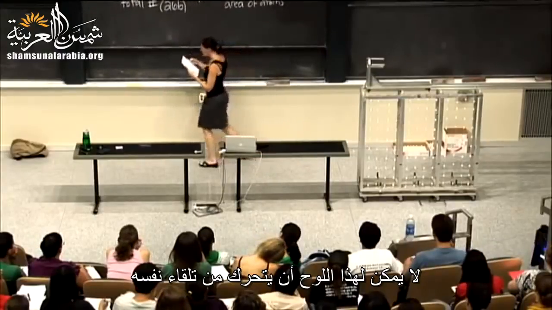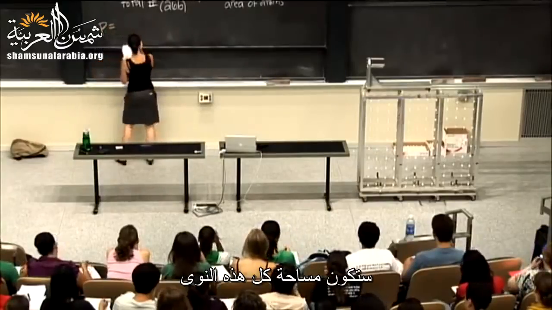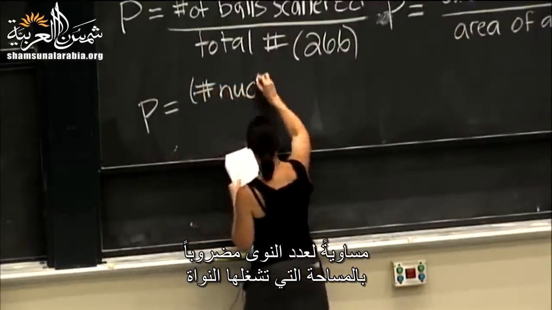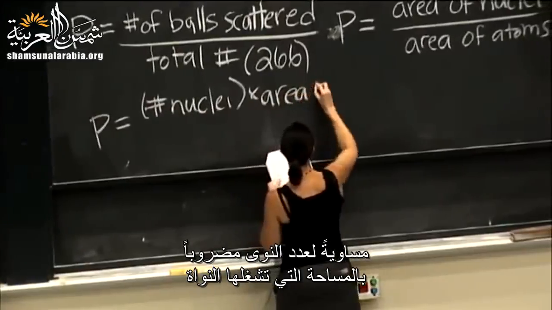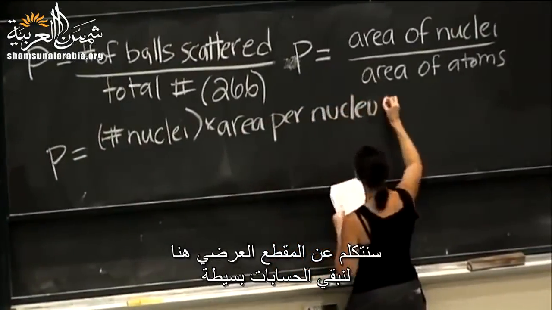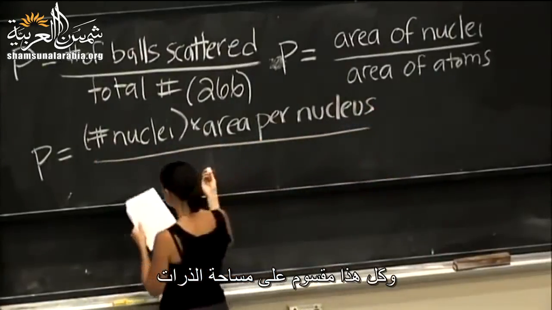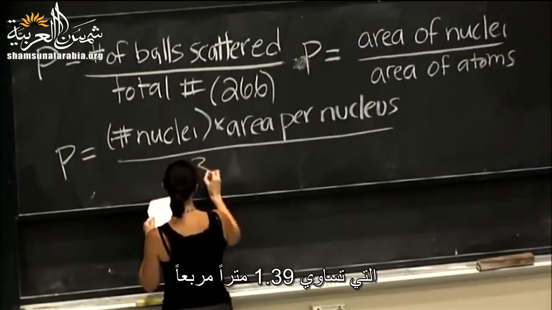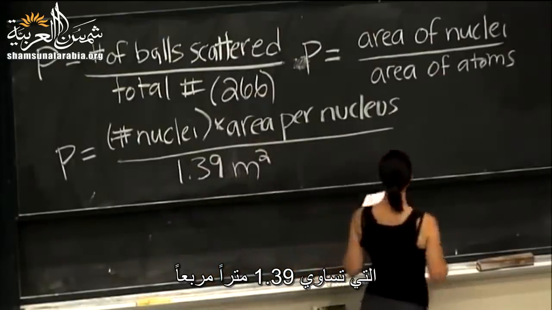All right, so we can figure out what that is. The area of all of the nuclei is going to be the number of nuclei times the area per nucleus. And we're going to talk about the cross-section here to keep it simple. And all of that is divided by the area of the atoms, which is 1.39 meters squared, measuring that space there.